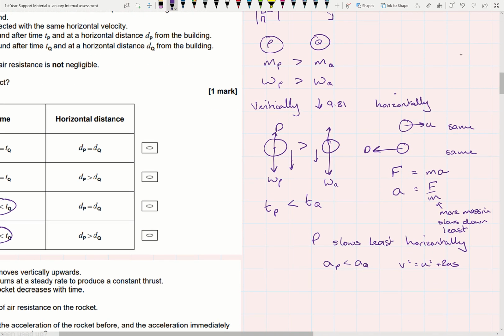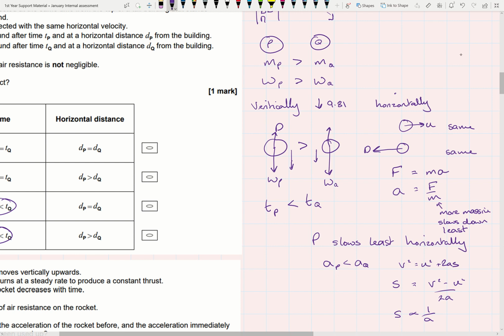So I want to get a and s on the other sides of the equation. So I could say s equals v squared minus u squared all over 2a. So the s is inversely proportional to a.